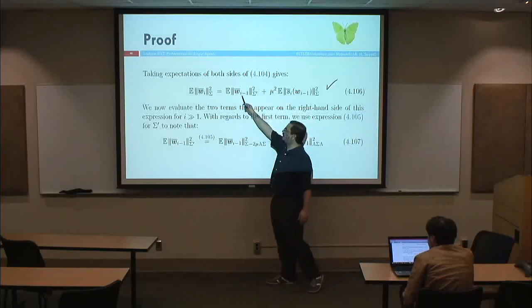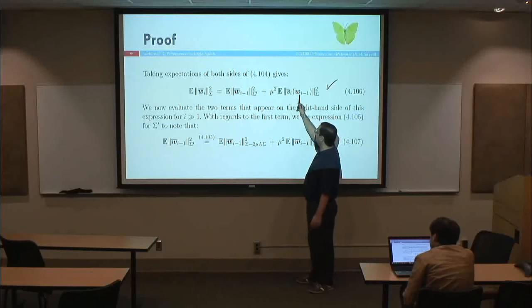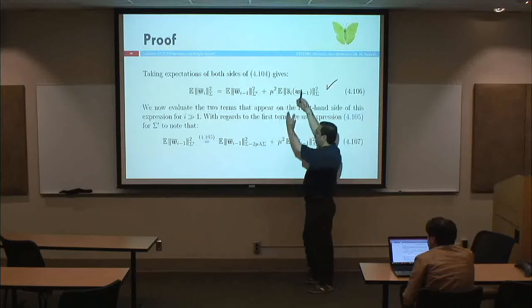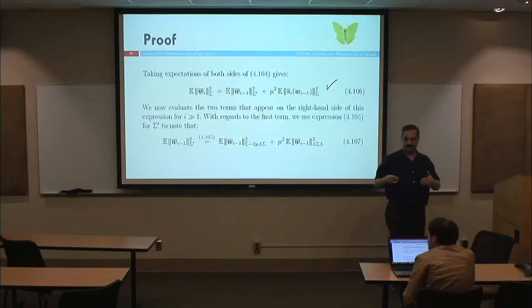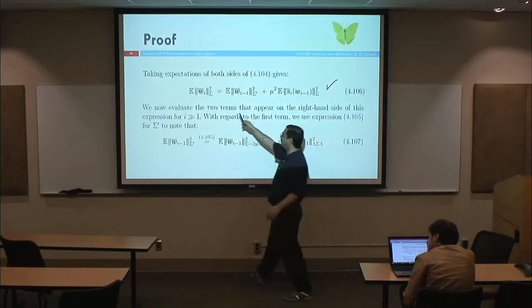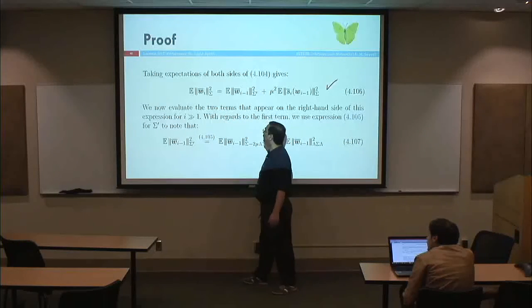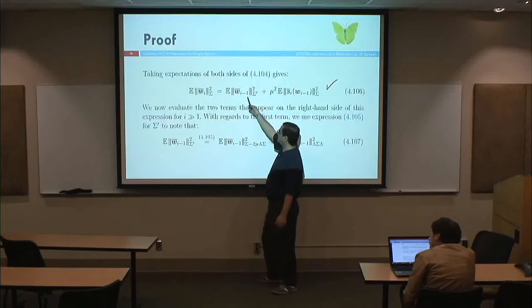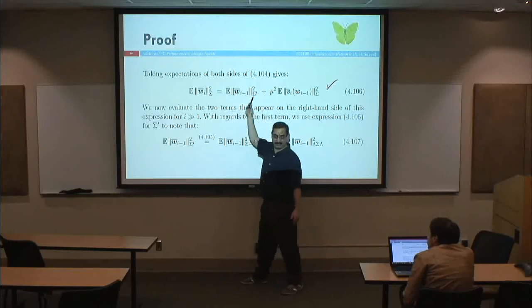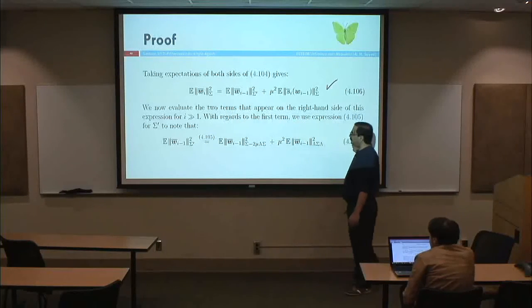So I'm going to evaluate the quantities on the right, this one and that one. Plug back and use that relation to find the limsup. Remember, I'm trying to find the limsup of this quantity. Because here the weighting matrix is different from that, I cannot just take the limsup, right? So I have to do some more calculations.